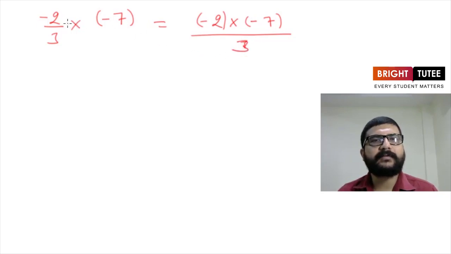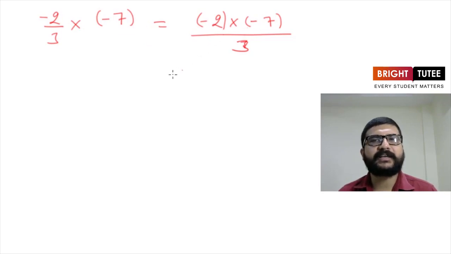So what we did here, we just multiplied the numerator with the integer, that is minus 7 here, and we kept the denominator the same. So whenever we are multiplying a rational number with an integer, we multiply the numerator of that rational number with the integer and we keep the same denominator.